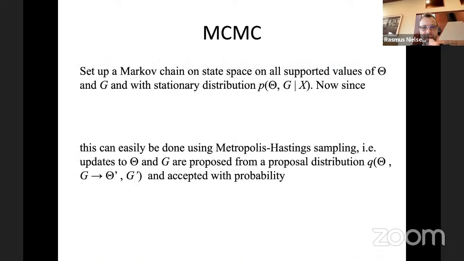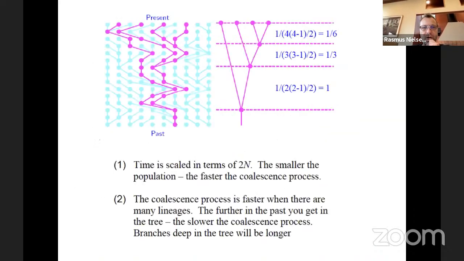But in fact, this coalescence model is true for a whole range of different models with different variance in offspring number, as long as you scale by the variance in offspring number. So you can think of the rate of coalescence as number of individuals divided by variance in offspring number. That's one way some people think about it.